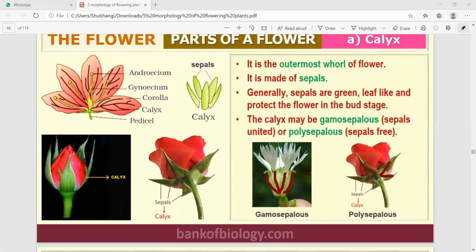There's no such distinction here about what decides whether it is gamosepalous or polysepalous, but it is just for our understanding, for our classification, that we call it gamosepalous or polysepalous. Clear? Yes sir.